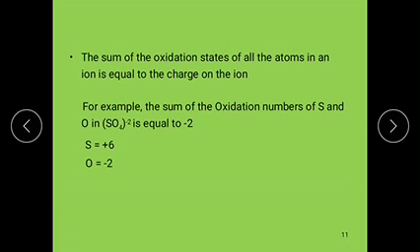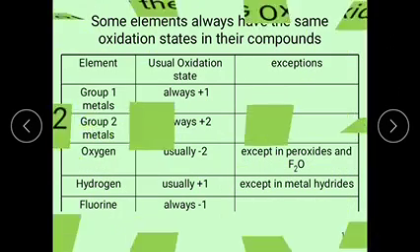Sulfur oxidation state is +6. Oxygen state is -2. Then it is +6 plus 4 times -2, which is -8, equal to -2.